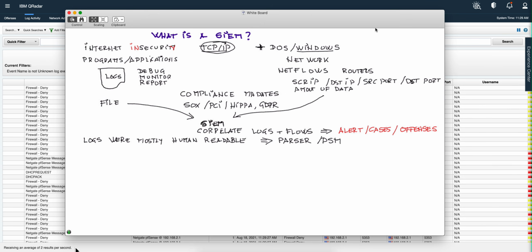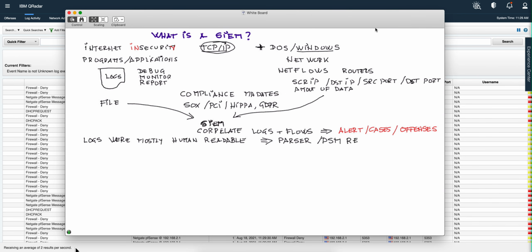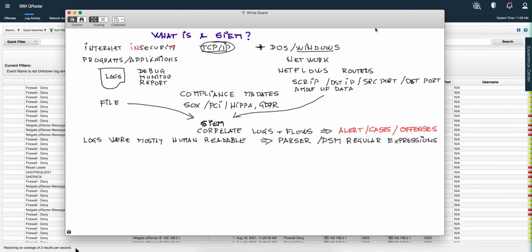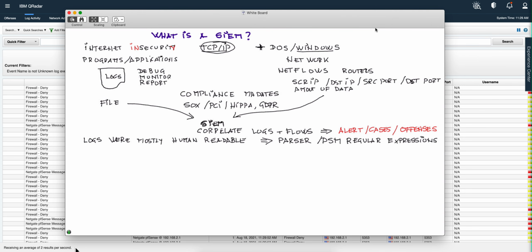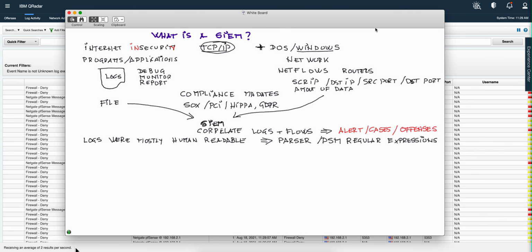So those programs relied at that time on something called regular expressions. These are things that are not intuitive at all. They're very powerful. They're capable of extracting parts, and I'll show you a log in a second, and extract the right components from it.